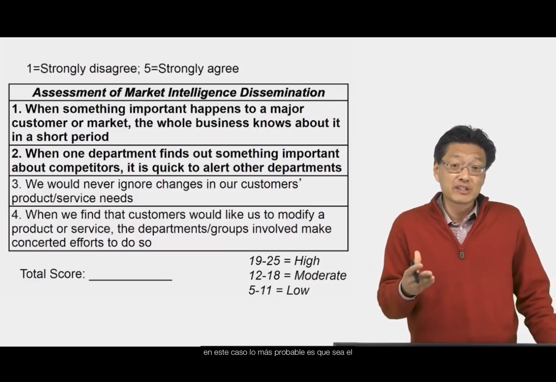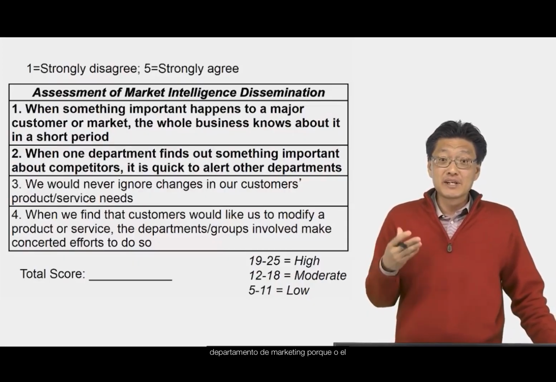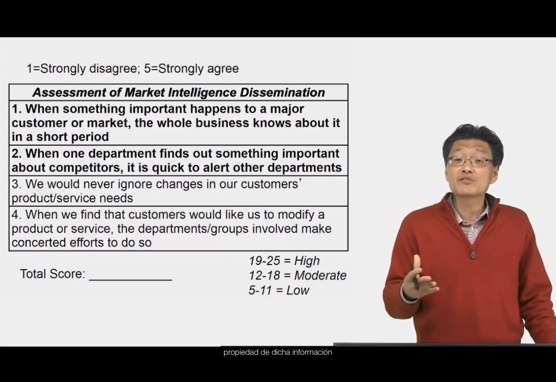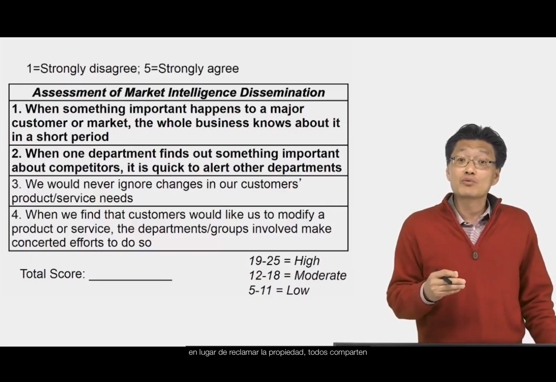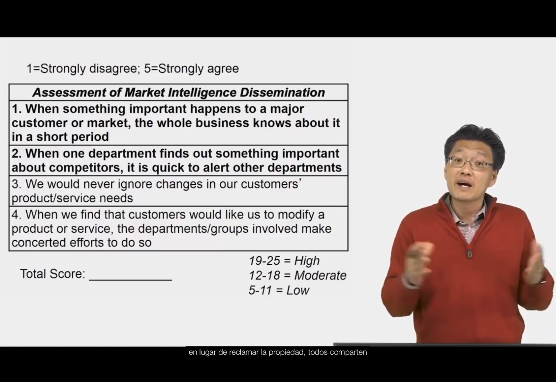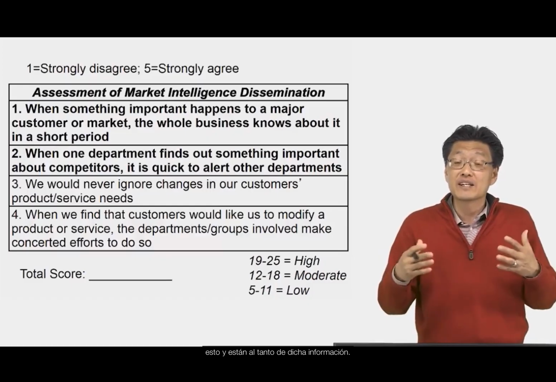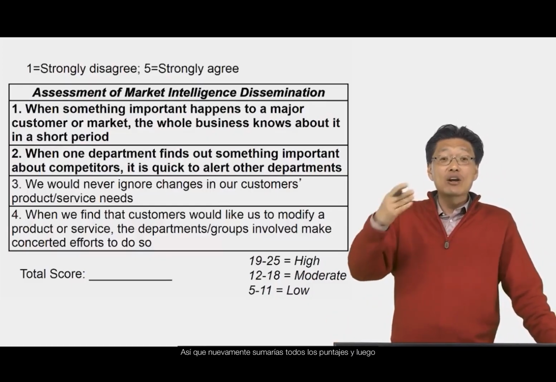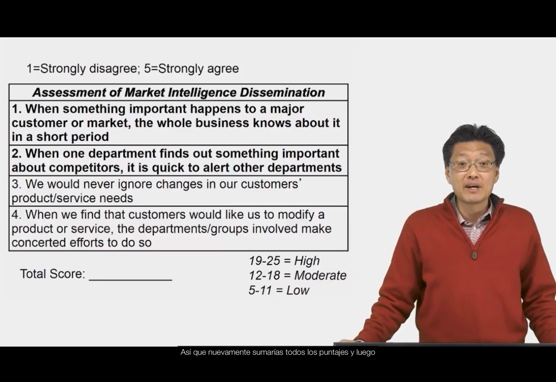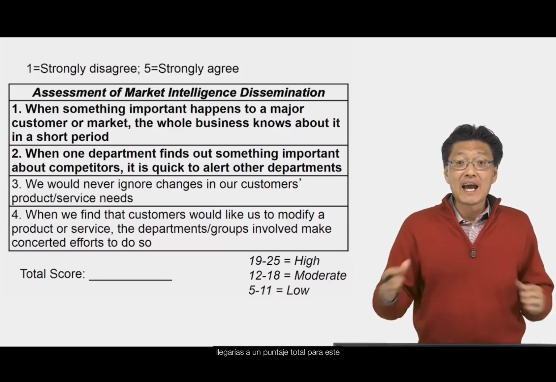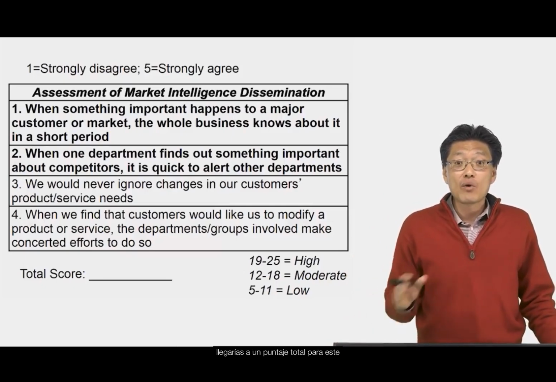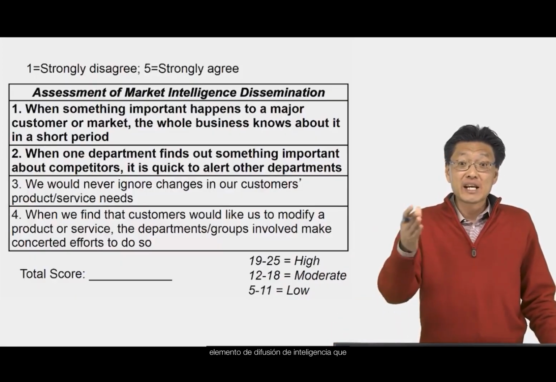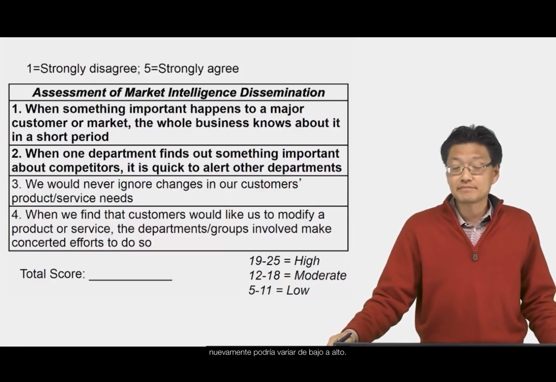In this case, most likely it would be the marketing department or the sales department, because they may claim ownership of such information. Rather than claiming ownership, everybody shares this and is on top of such information. So again, you would add all the scores up, and then you would arrive at a total score for this intelligence dissemination element, which again could range from low to high.